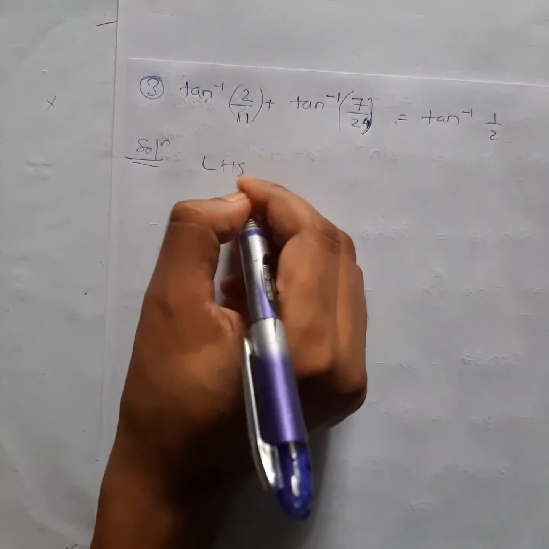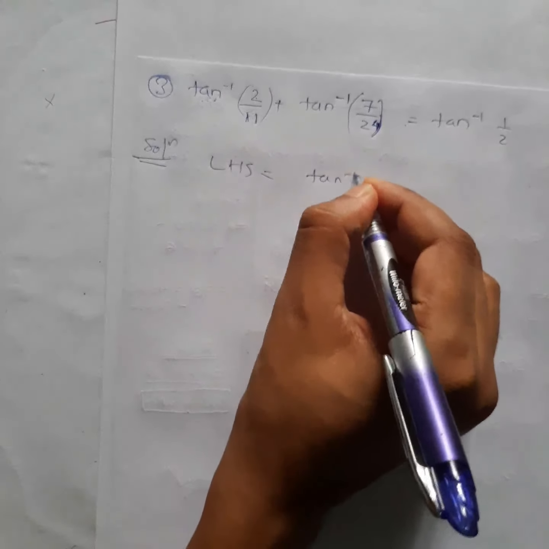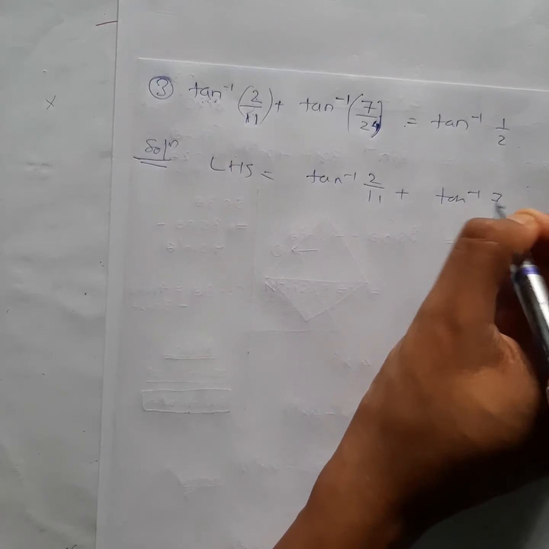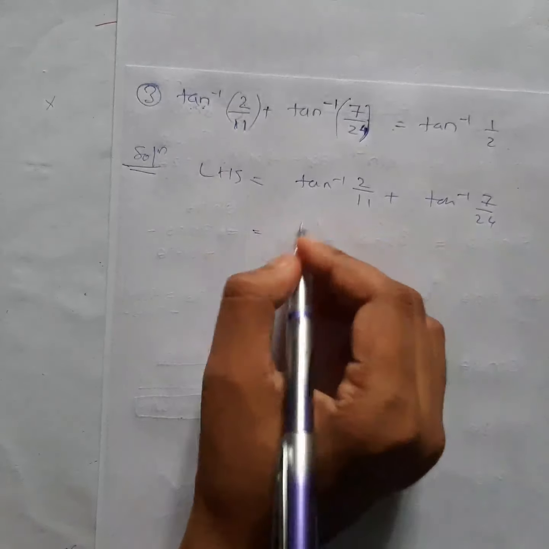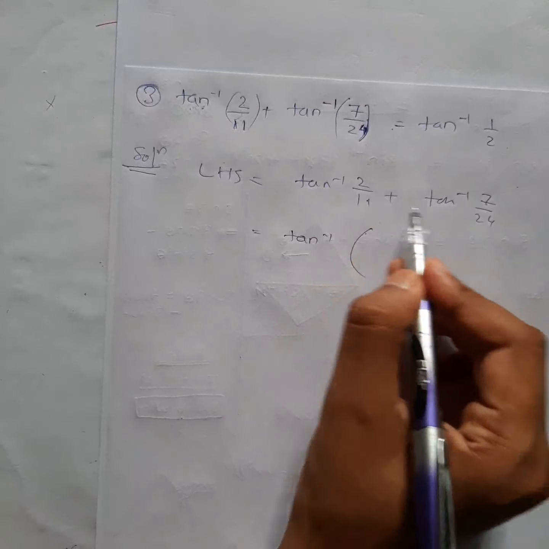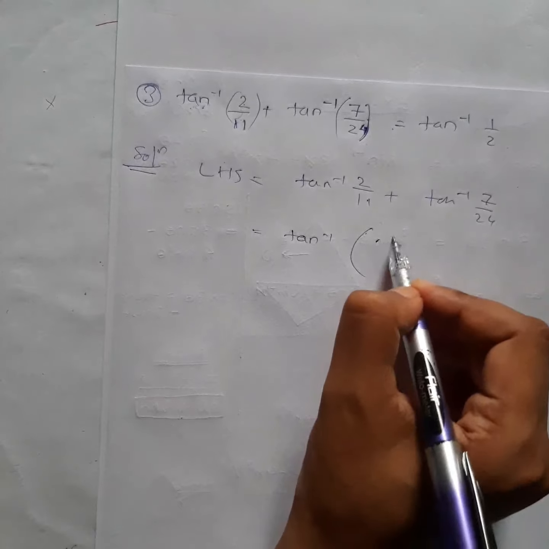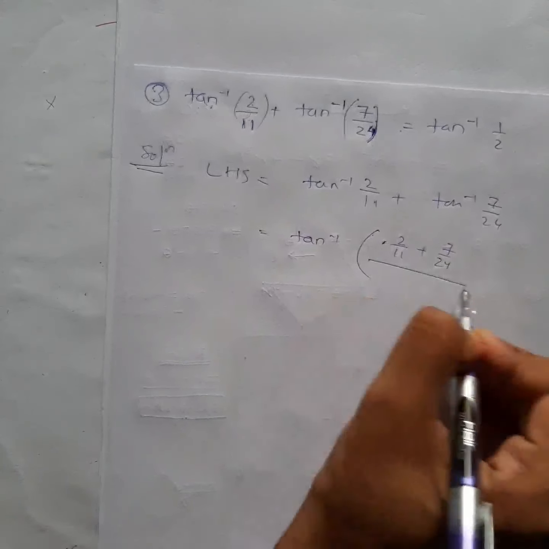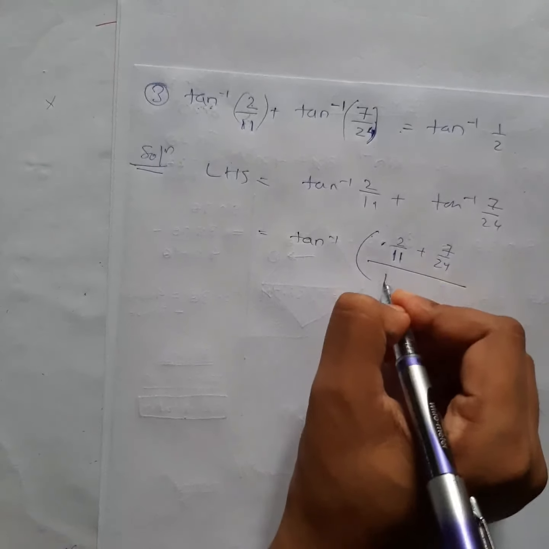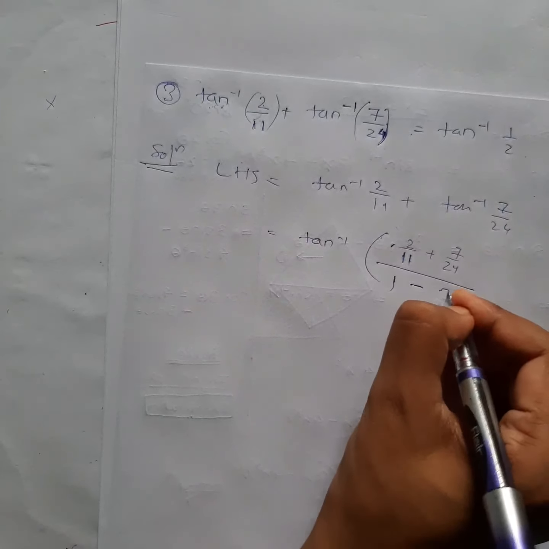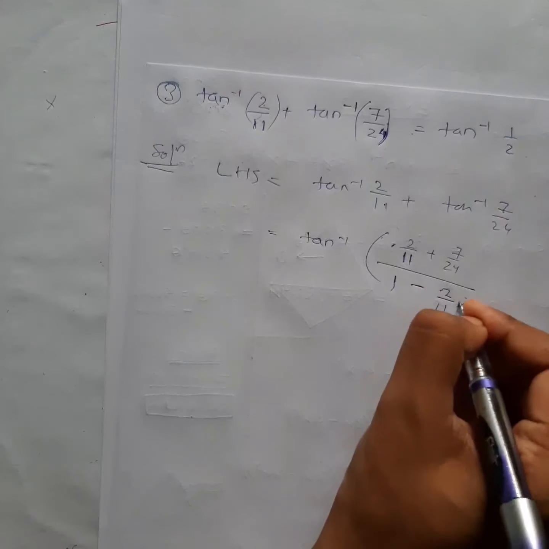So left hand side is equal to tan inverse 2 by 11 plus tan inverse 7 by 24, which is equal to, can I write, tan inverse of x plus y, that means 2 by 11 plus 7 by 24, by 1 minus tan A tan B, that is x into y.